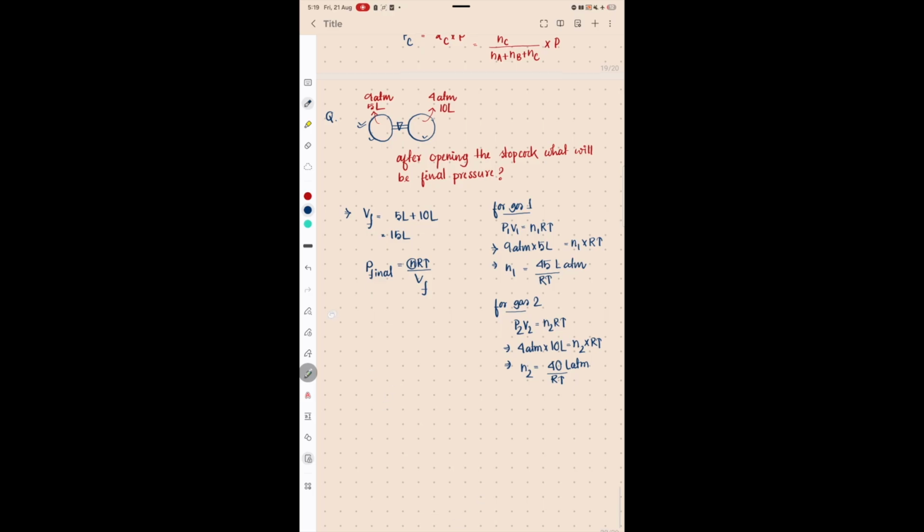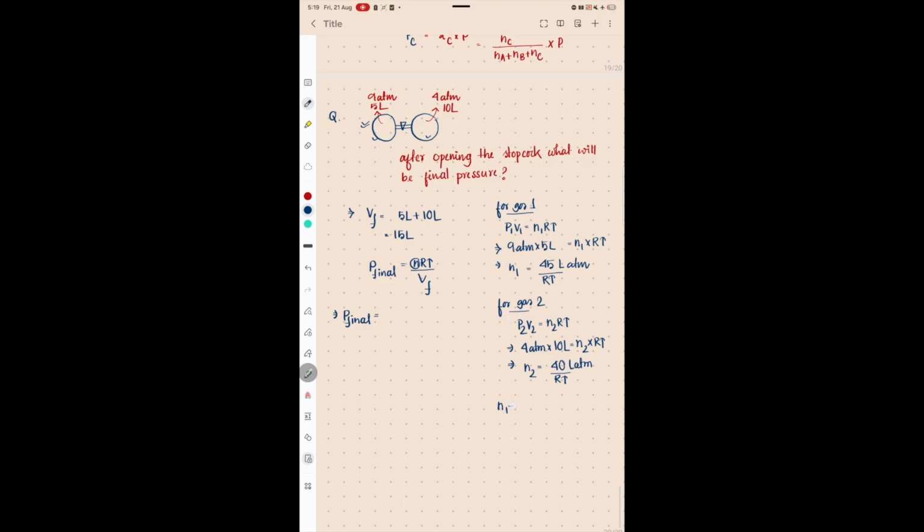Okay, so P final we can put here n1 plus n2, then how much? n1 plus n2 if I write, that is my 45 plus 40 divided by RT, this much liter atm, right? So that is my 85, liter atm divided by RT, this is my n.